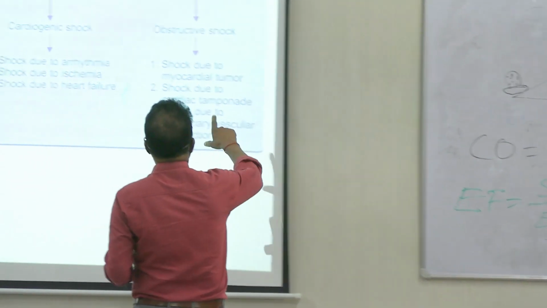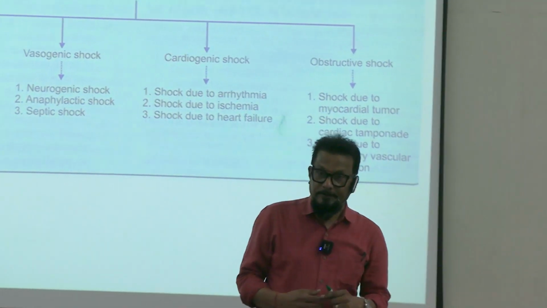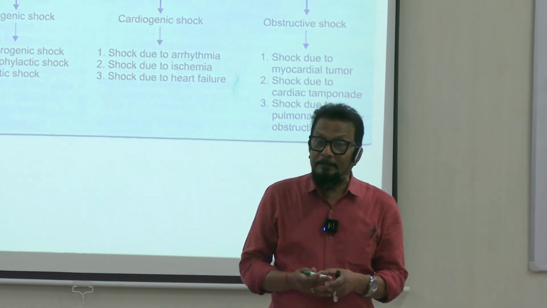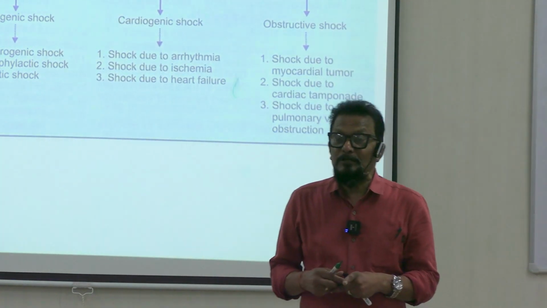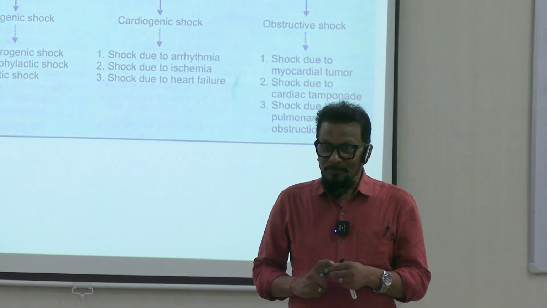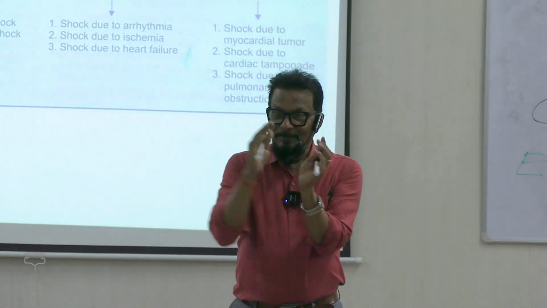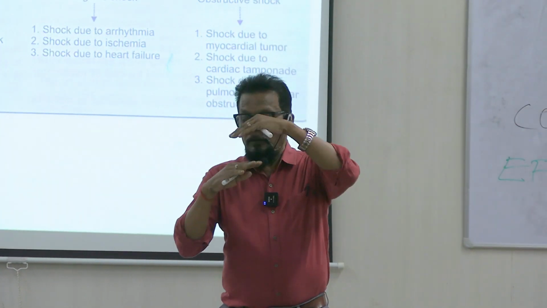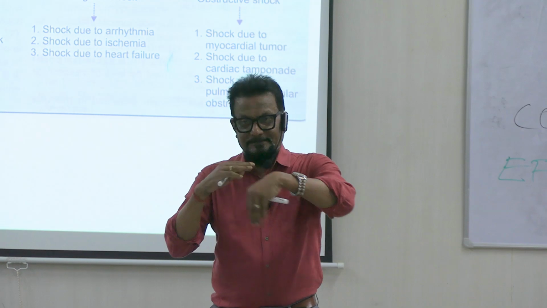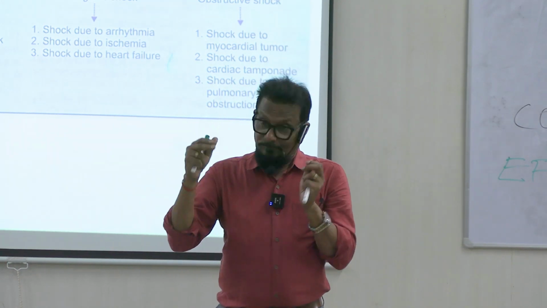Similarly, shock due to cardiac tamponade. What is cardiac tamponade? Accumulation of blood in the pericardium. The ventricle expands, and outside the ventricle is the pericardium.